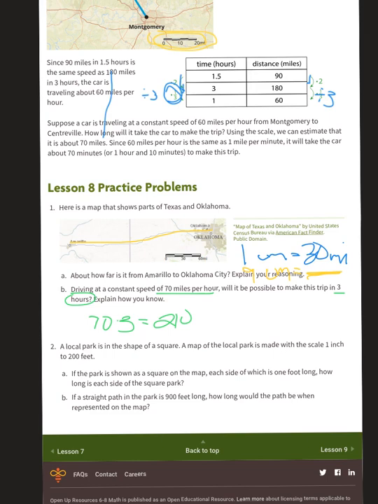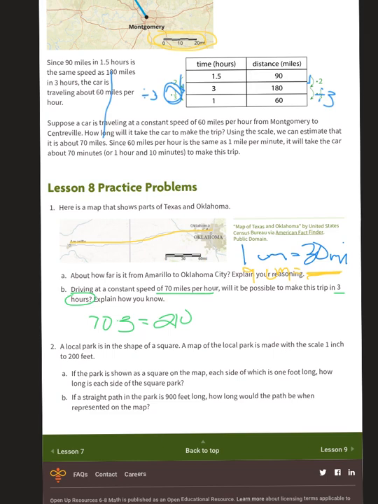So, looking at your answer from letter A on question number 1 in Canvas, if the number is more than 210, they cannot make it. They're not going fast enough. If the number is less than 210, then yes, they can make it.